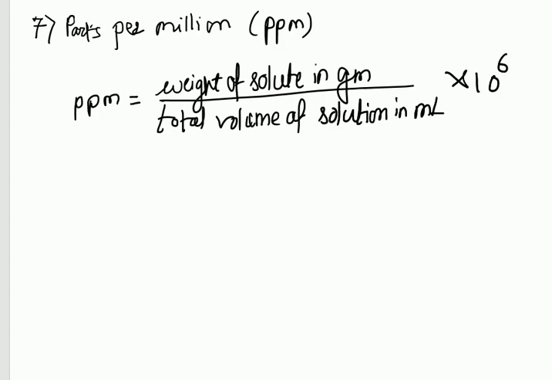In case of gases, ppm refers to volumes rather than masses, that is, 1 ppm means 1 centimeter cube of gaseous component is present in 1000 liter.